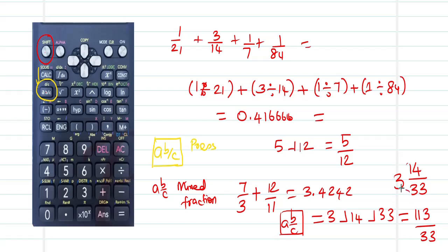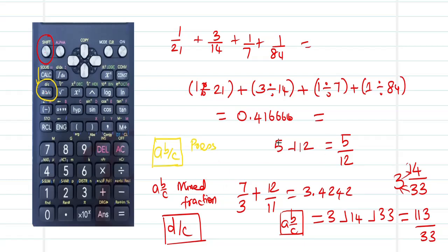That is nothing but 3 times 33 plus your 14, and so the value will be equal to 99 plus 14 divided by 33. So you can make use of both the a b by c and d by c buttons to calculate fractions from the decimal format.